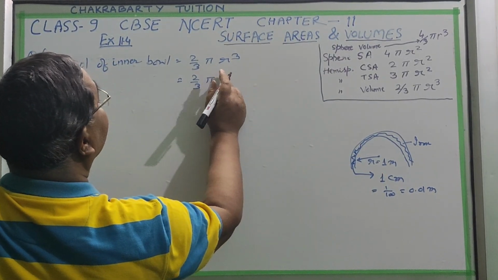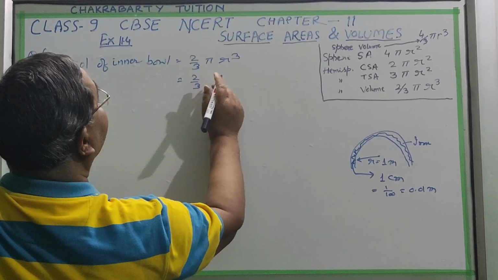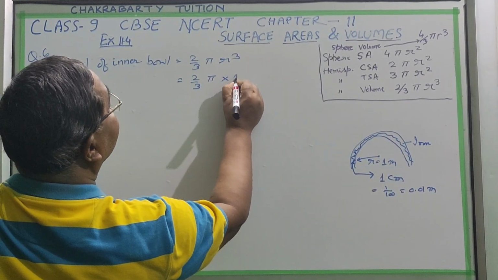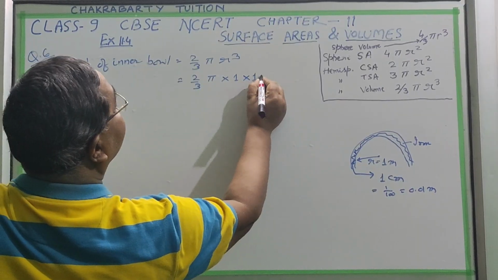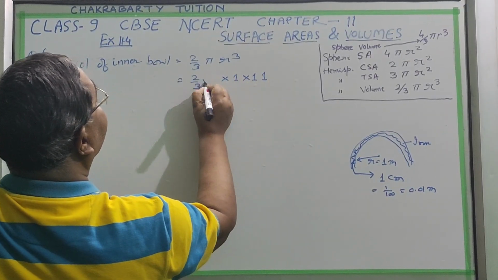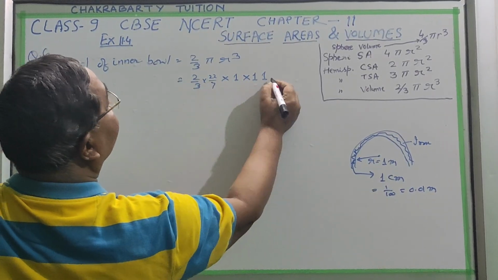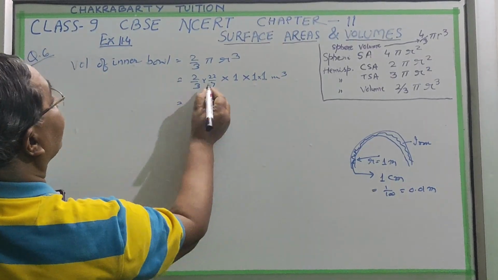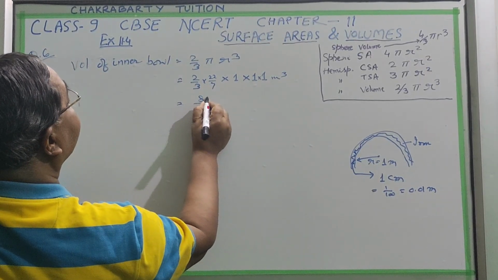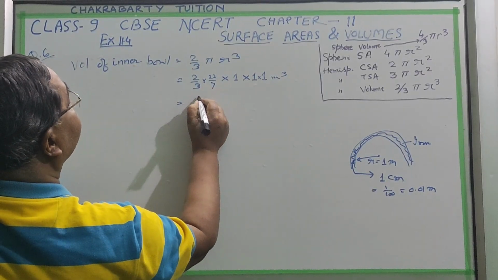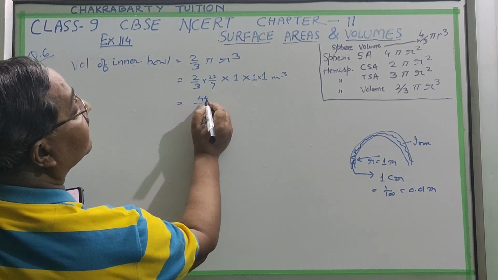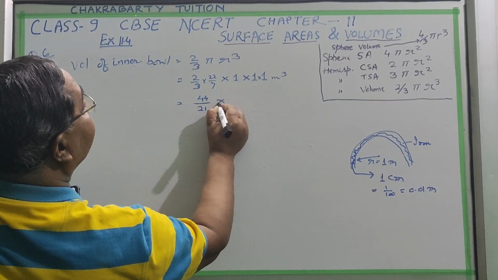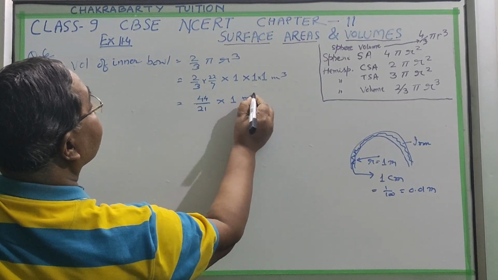So 2 upon 3 into 22 by 7 into 1 meter cube. Okay, so it will be 44 upon 21 into 1 m cube.